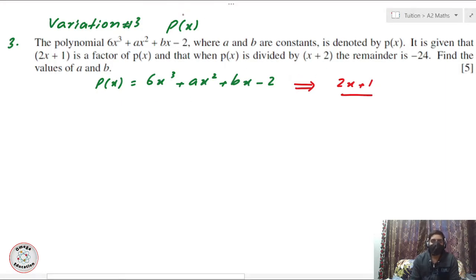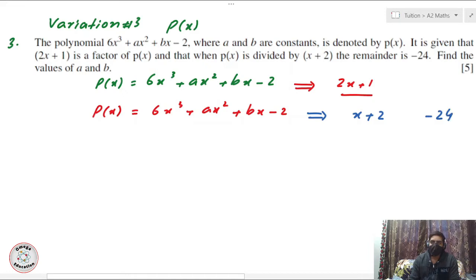And the other information that we have is, for the same polynomial, 6x cubed plus ax squared plus bx minus 2, it can be divided by x plus 2, but then you get remainder negative 24.